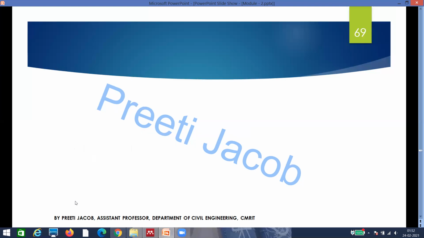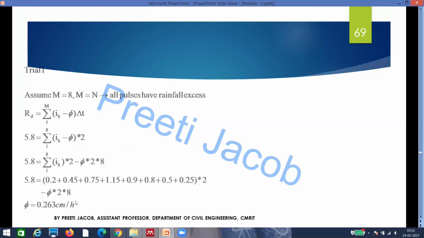So we'll start with the first trial where I'm assuming M is equal to 8. Now M I have defined as the number of pulses with rainfall excess. We have 8 pulses, and all the pulses produce rainfall excess. In trial 1, I'm assuming that all the rainfall events produce rainfall excess. Taking M equal to 8, I'll be calculating the value of phi based on RD given as 5.8.